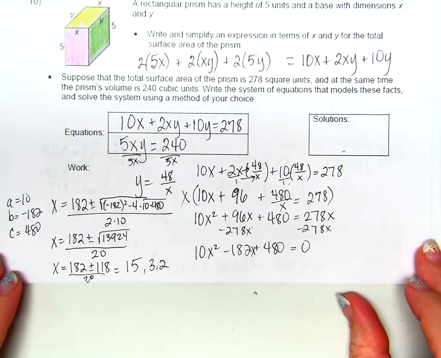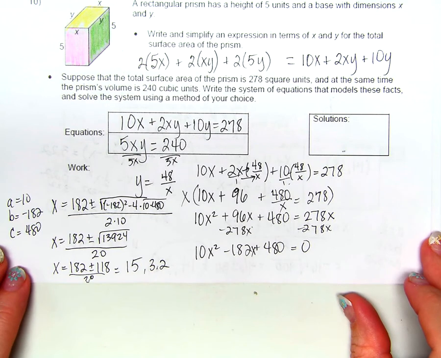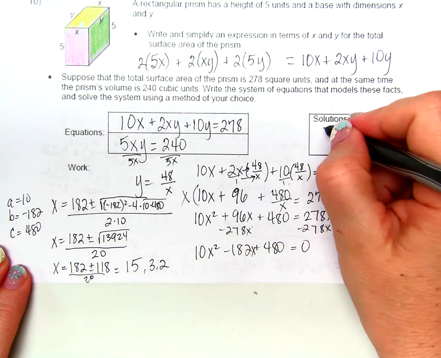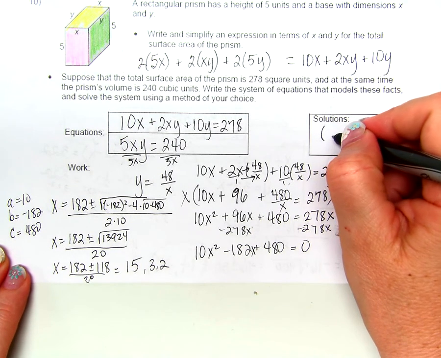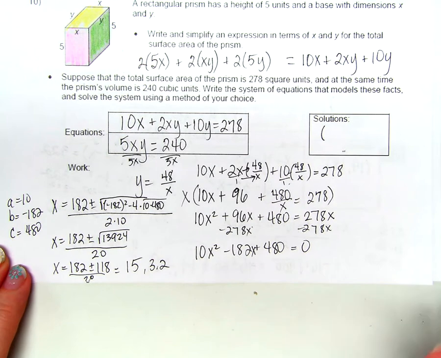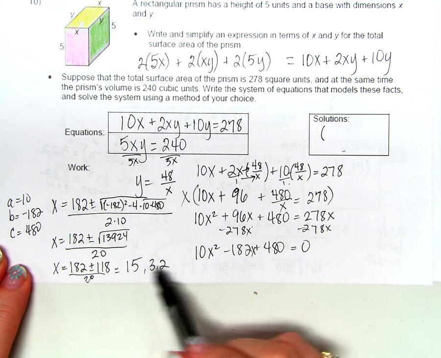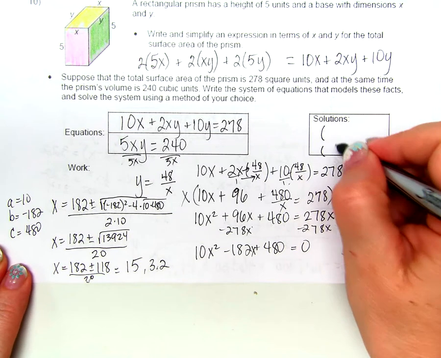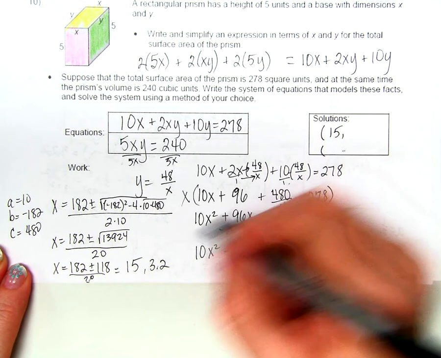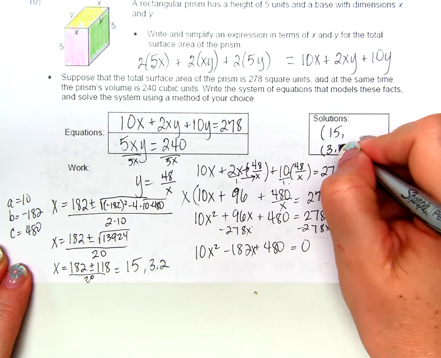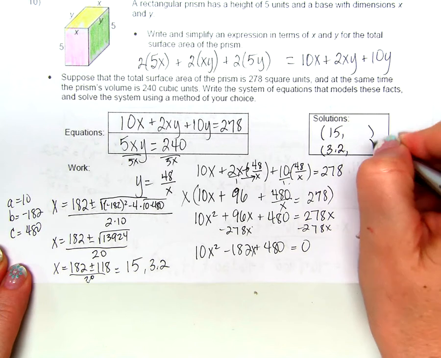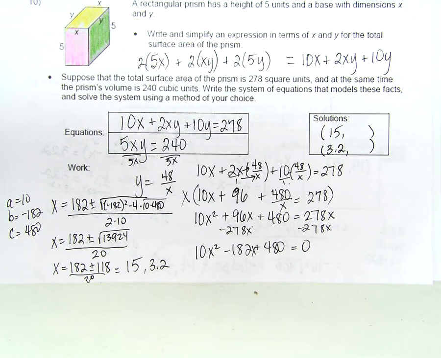So in my solutions box, how many solutions am I going to have this time? How do you know we're going to have 2? Last time we only had 1. We could cross out 1. These are both positive, aren't they? So they're both possible solutions. So I have an x of 15 or an x of 3.2. So how do I find the y values?